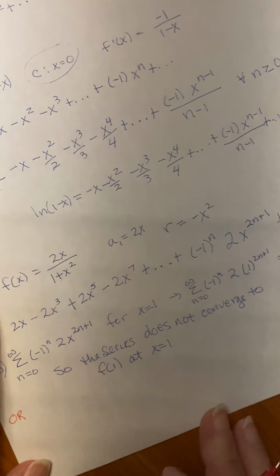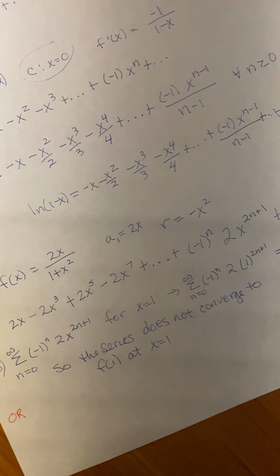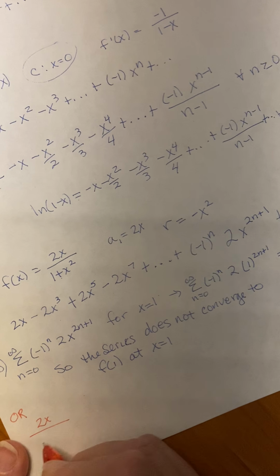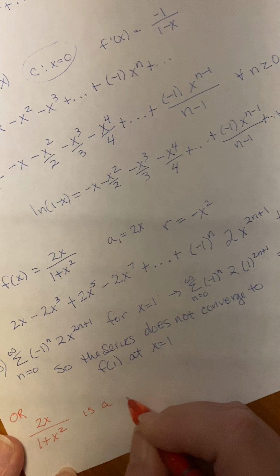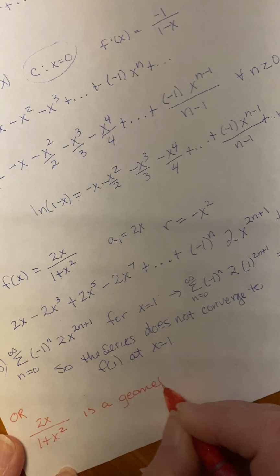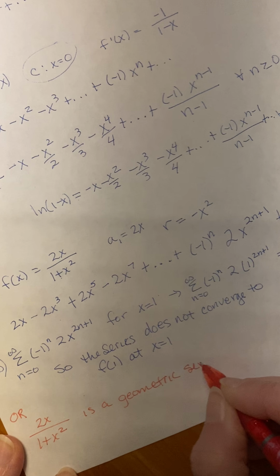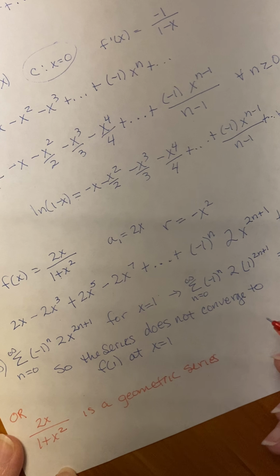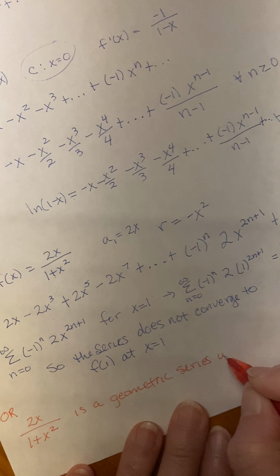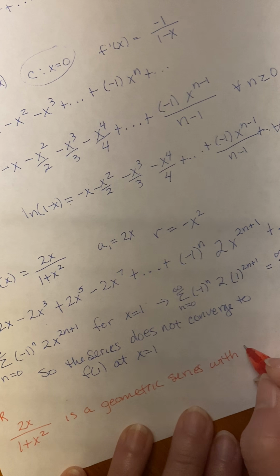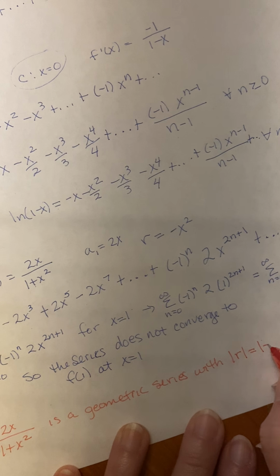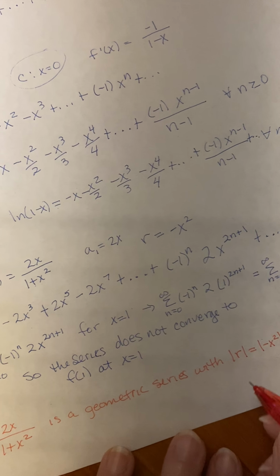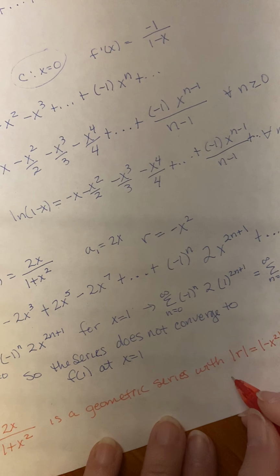Or we could have done it this way. We could have said that this guy, 2x over 1 plus x squared, is a geometric series. What do we have to look for in geometric? The absolute value of r equals the absolute value of x squared, which is the same thing as the absolute value of x squared.